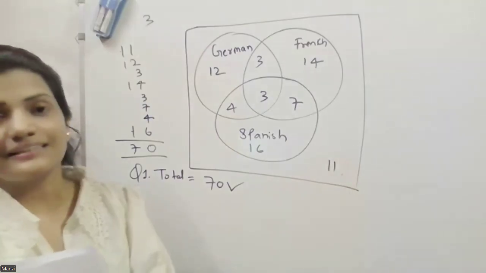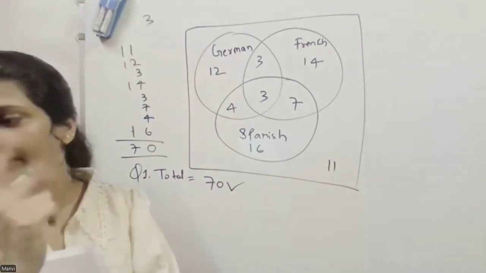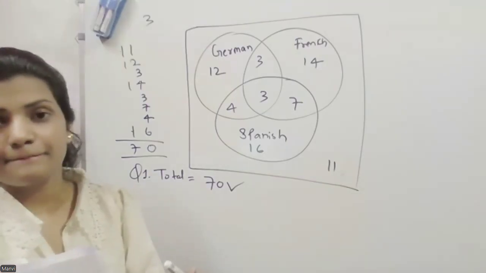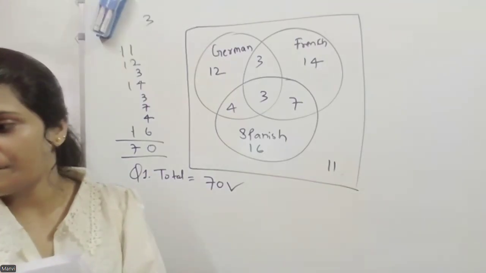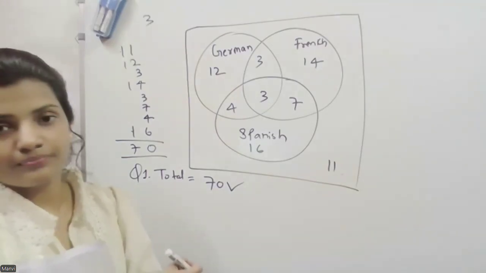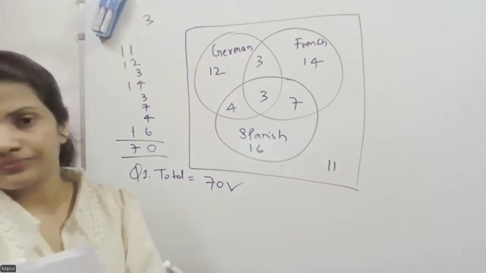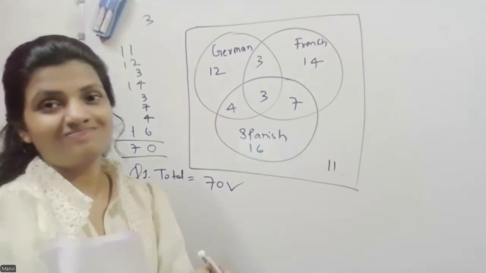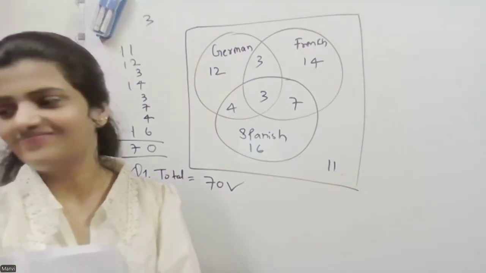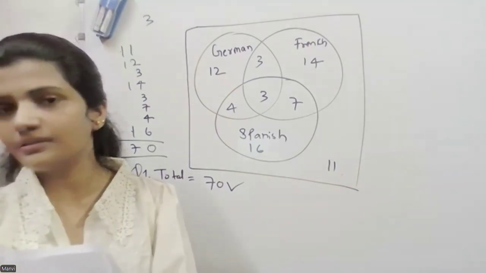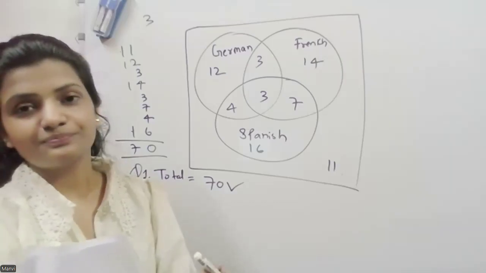How many students study exactly 2 languages? Is it 14? How many students study German but not French?